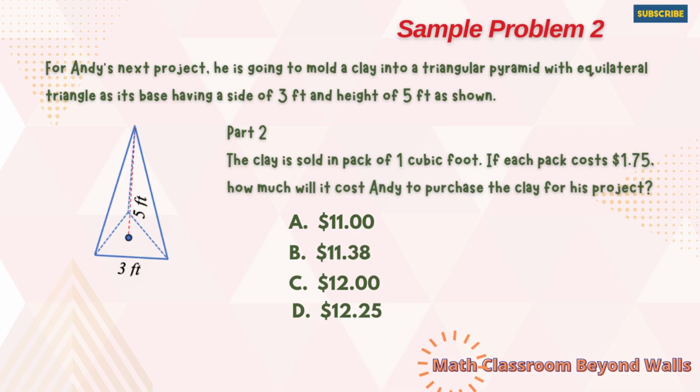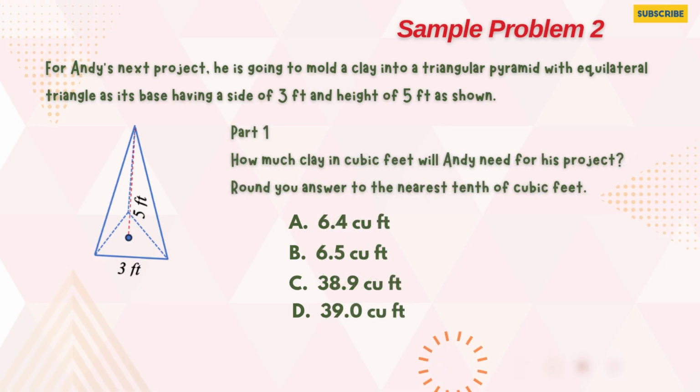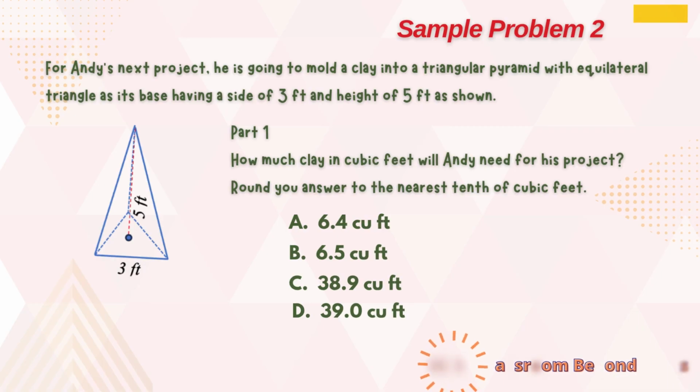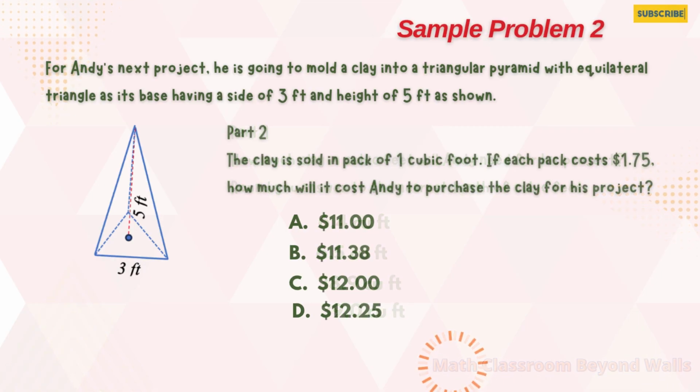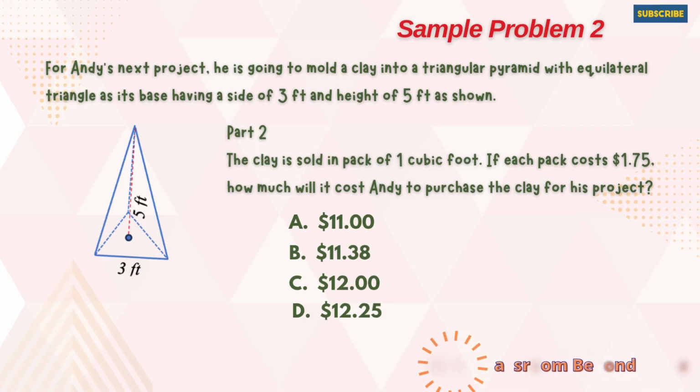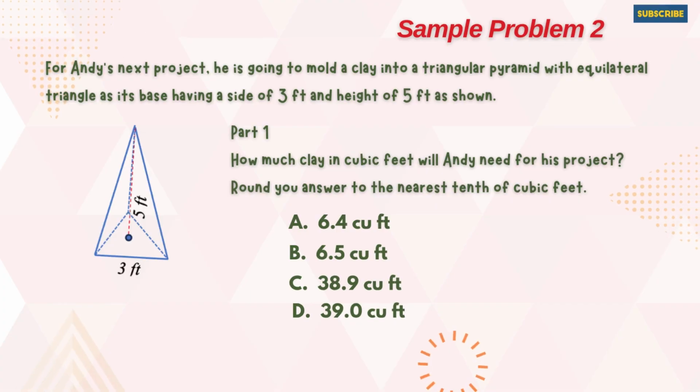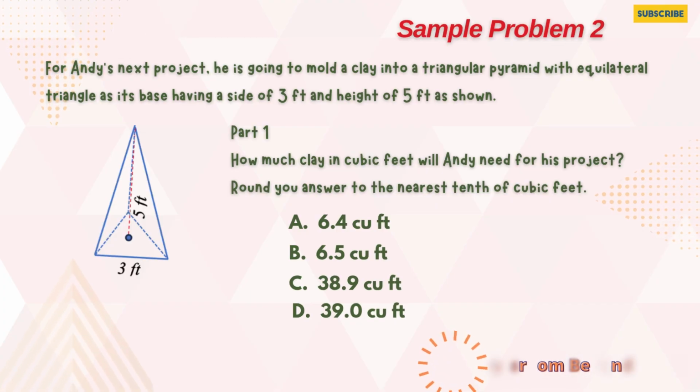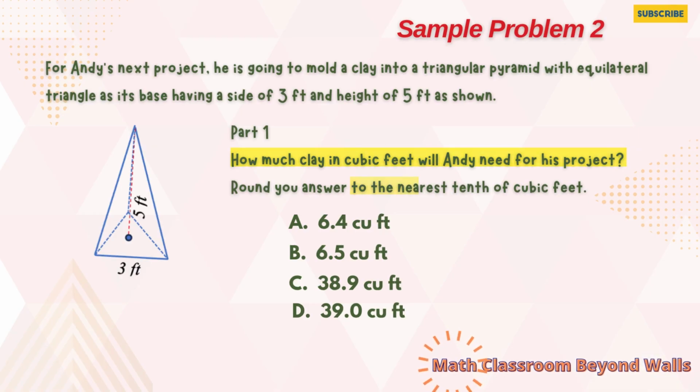As usual, we begin by reading the whole problem and may read it several times when needed to know what we're looking for, to determine what are given, and to figure out how the given information help find what we're looking for. What are asked in the problem, learners? Okay, here we are asked to find two things. First, we are to find the amount of clay that Andy will need in molding the triangular pyramid to the nearest tenth of cubic feet.